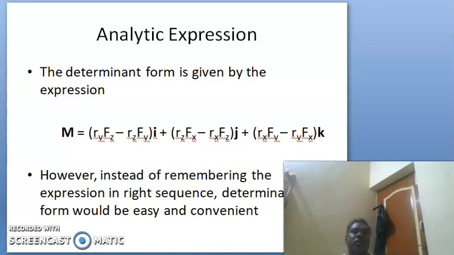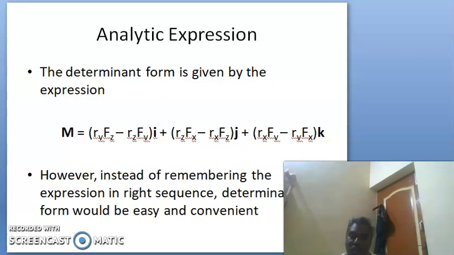The cross product we have seen in yet another lecture. There we have seen a very similar expression, but instead of r vector and F vector, we have gone for some random vectors for understanding purposes. So it is this expression that we usually get, which is converted into the determinant form.